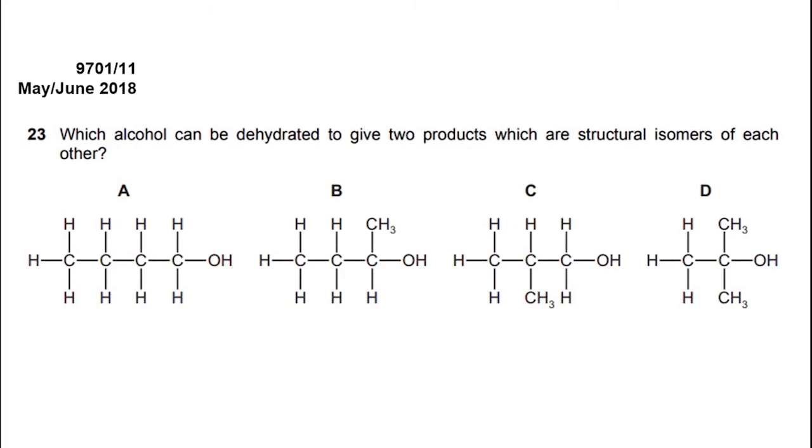For answer A, it will be one possible alkene, and for B, it will be two possible alkenes, and C, it will be one possible alkene, and D, it will be one possible alkene. So the answer is B, because when we use elimination, it becomes two alkenes for the product.